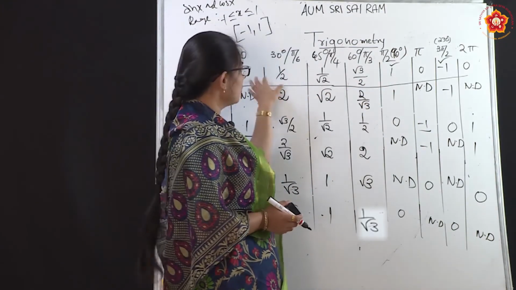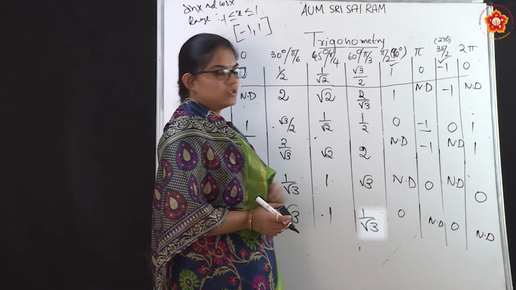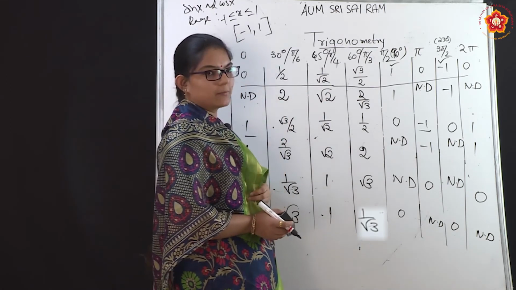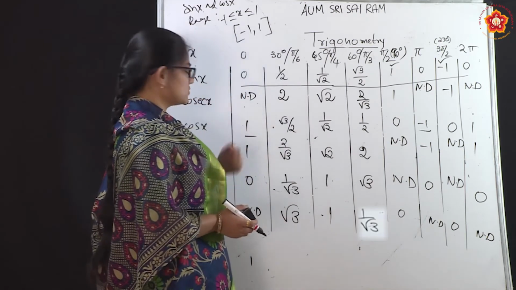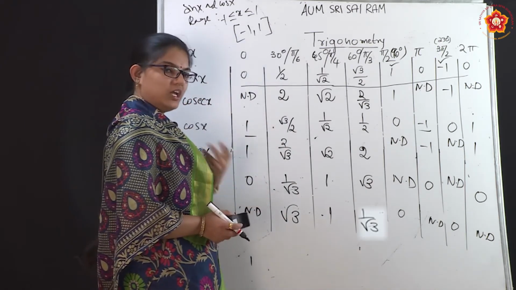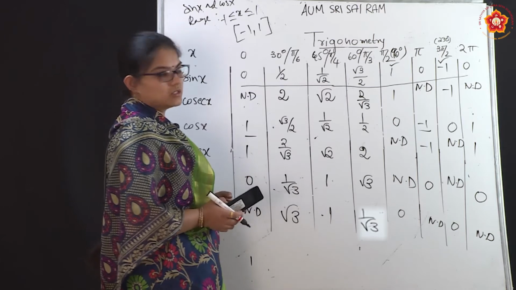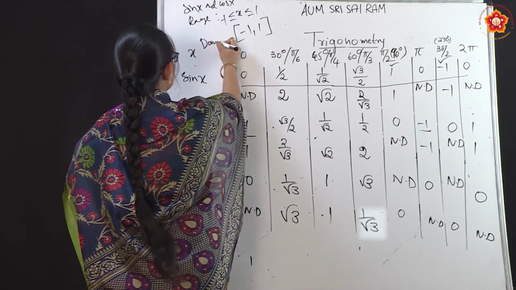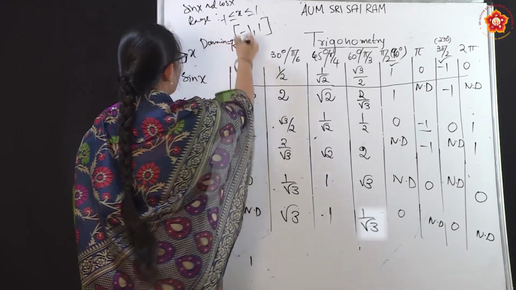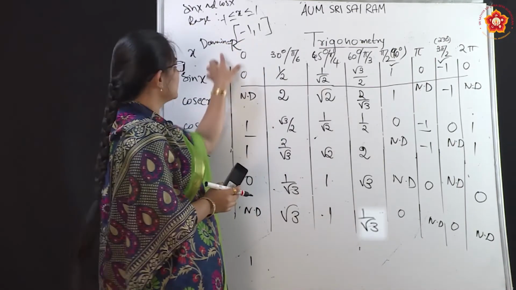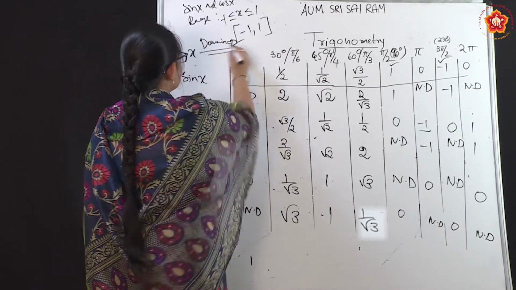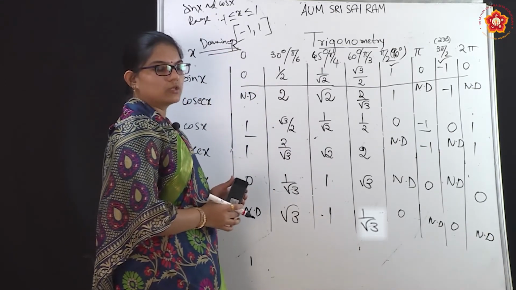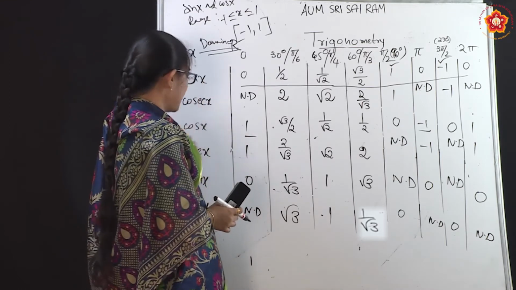Nowhere is it not defined. So, any real number you consider, you are able to get the sin and cos x value. So, therefore, we can say the domain will be the set of all real numbers R. So, domain will be R and range will be closed interval minus 1 comma 1 for sin x and cos x.